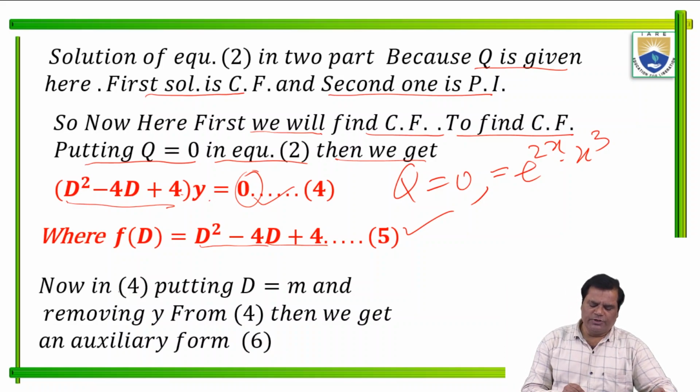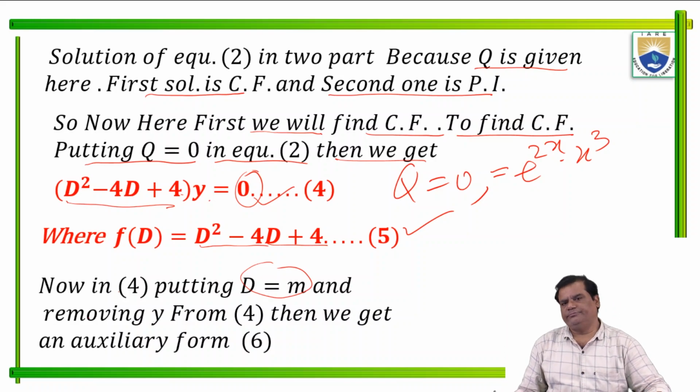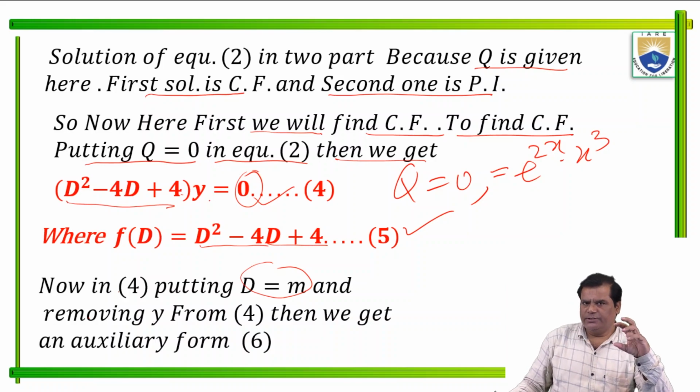Now in equation 4, to find the auxiliary form, we put D equal to m and remove y from equation 4.